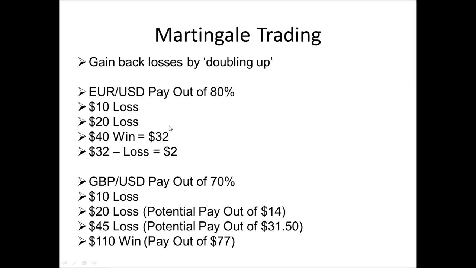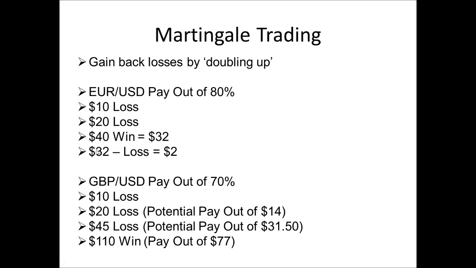So you'll see that the concept of simply doubling up does not work in binary options. We actually have to trade a bit more than double the previous position if it was a loss. So what is the advantage of Martingale trading? It is simply that we win back the losses and make a profit.